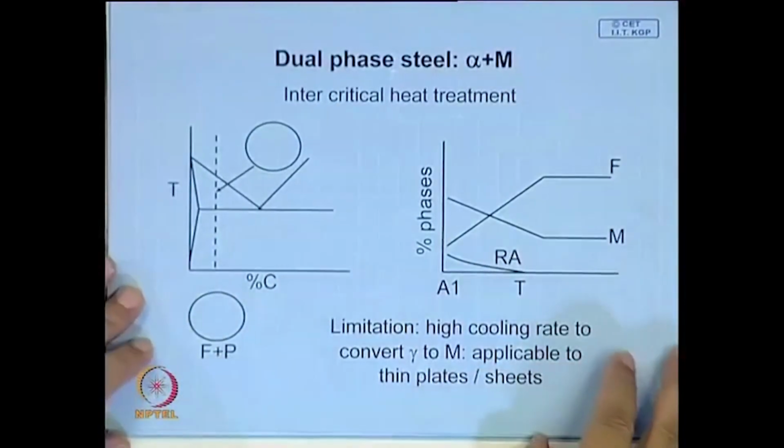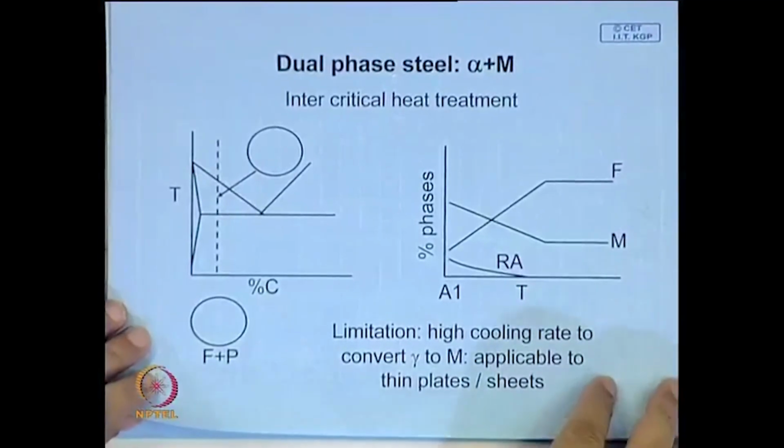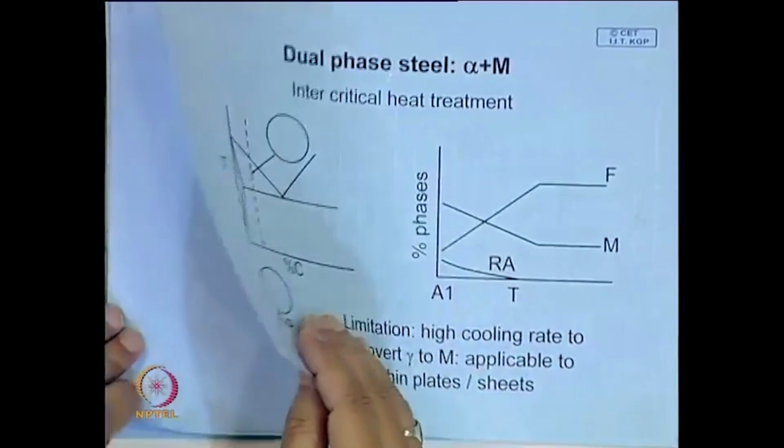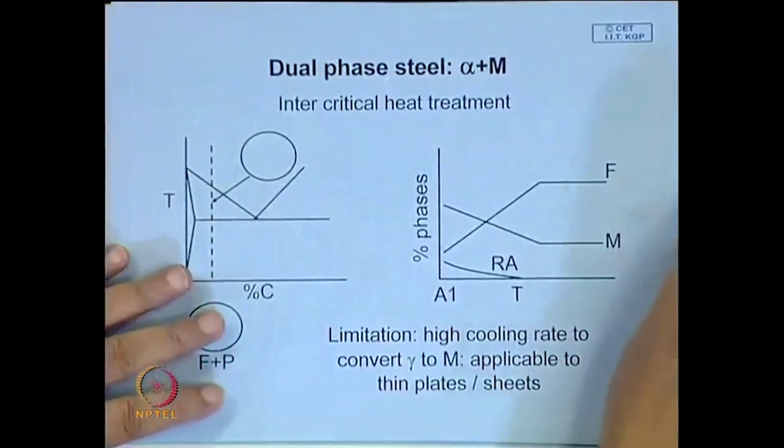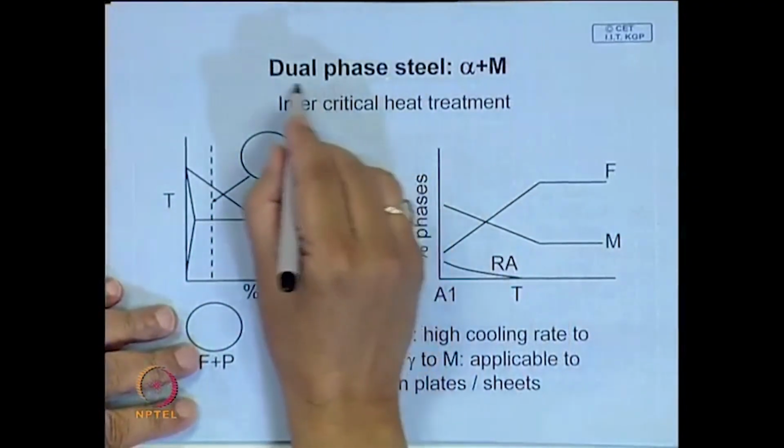Now, a quick look at this: we looked at how, by thermomechanical processing and by controlling the transformations, we can get extremely fine grain structures which have very good strength and toughness, and as we will see later, they also have very good weldability. Another important class of steel where you get a good combination of strength and ductility is dual phase steel.